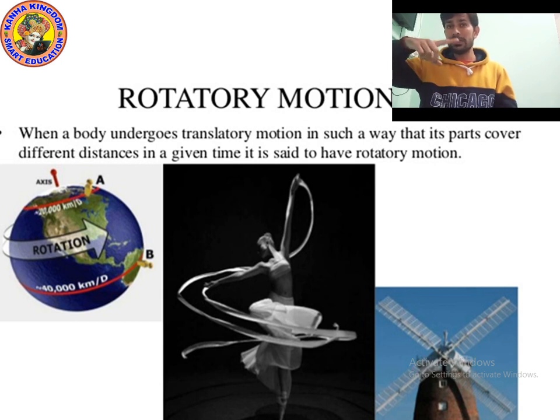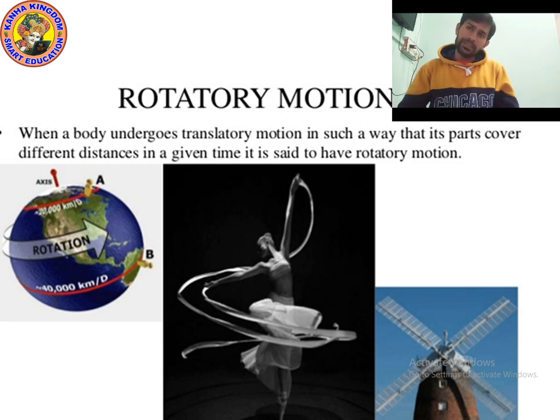Hand is also doing rotation, one horizontal hand, vertical hand, and leg also, but these different parts travel different distances in a given time. And you can see the picture of a windmill, which is also doing rotatory motion, around a fixed line which is the axis. Around it, different paths are covering different distances.